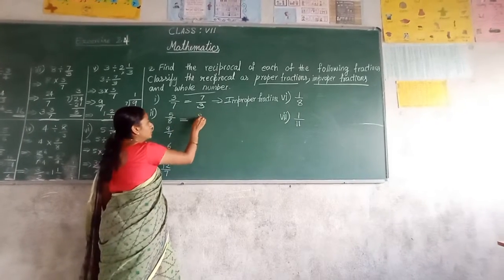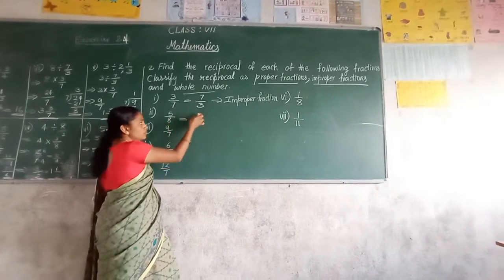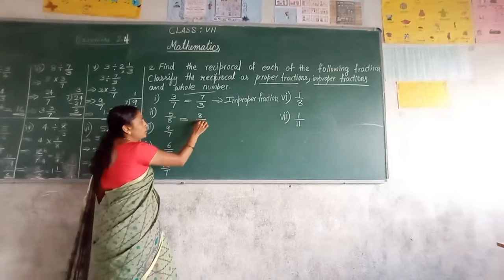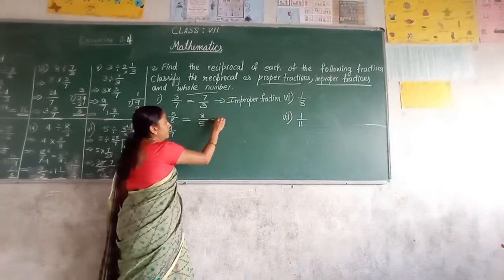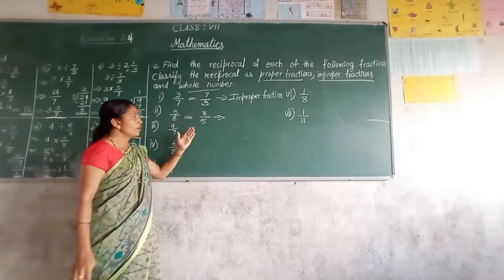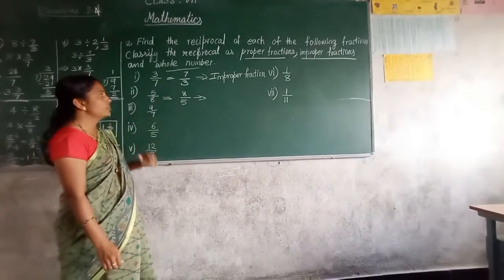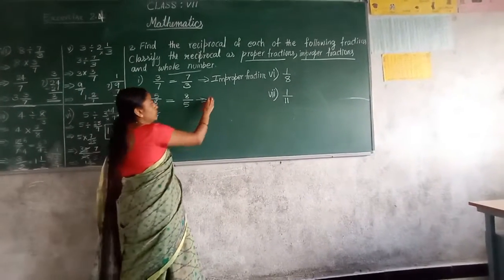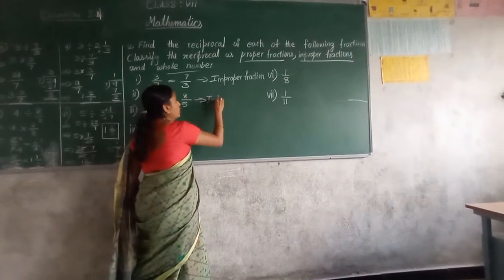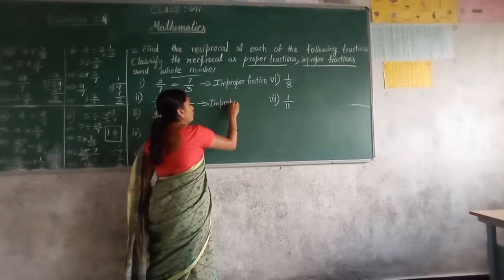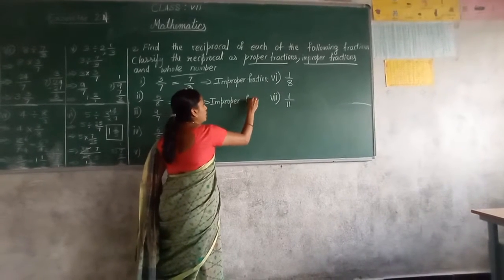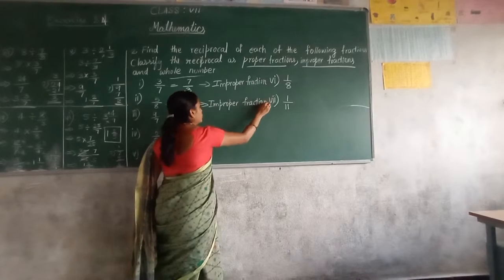The denominator is 8, it becomes the numerator. The numerator becomes the denominator. If you compare with the denominator, the numerator has the greater value. So it is also an improper fraction.